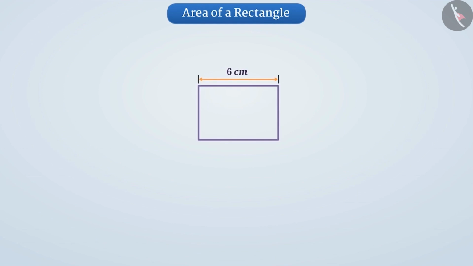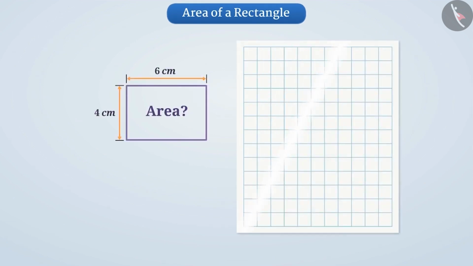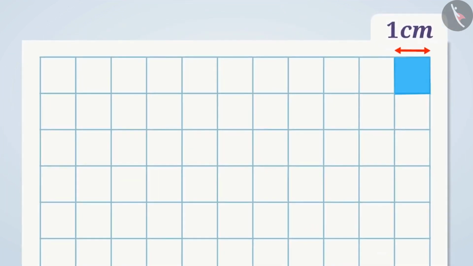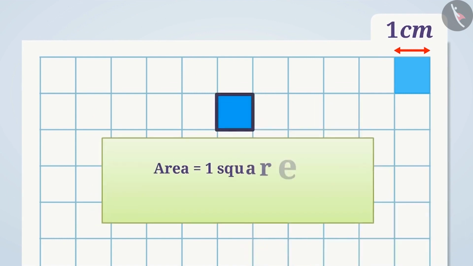Look at this rectangle with length 6 cm and breadth 4 cm. Let's find its area. To find the area, we will use a squared paper or graph paper, where every square measures 1 cm multiplied by 1 cm. Thus, the area of each square is 1 square centimeter, or in short like this.